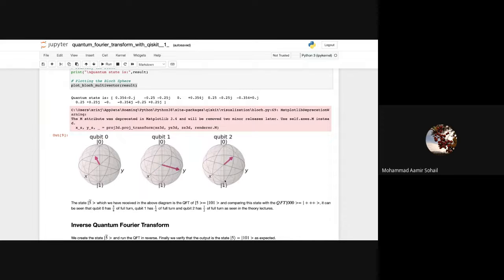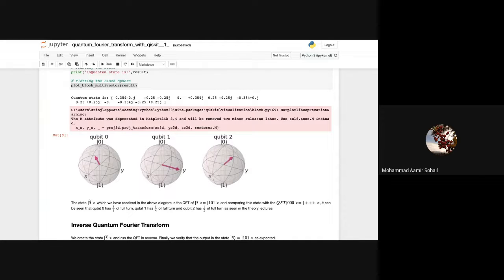If we go from 0 to 1, the rotation is pi geometrically, but the actual rotation is pi by 2. So here also this one is a rotation of pi by 2 in the geometrical sense, but from the quantum sense this is just pi by 4.